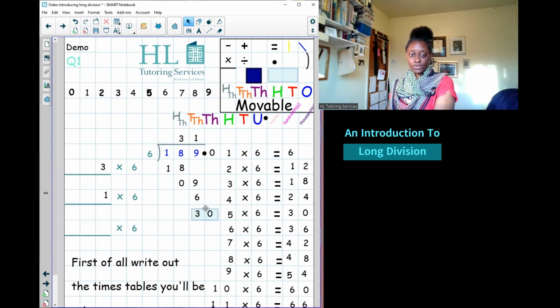So when I come to record here, I'm going to put that there are 5 6s. All right, so I'm going to put 5 here. There are 5 6s, and that makes 30. So the answer goes across. There are 5 6s in 30, but this 5 is going to go up here, look.